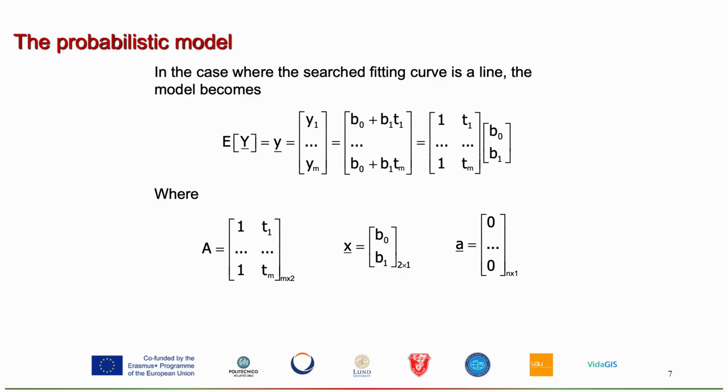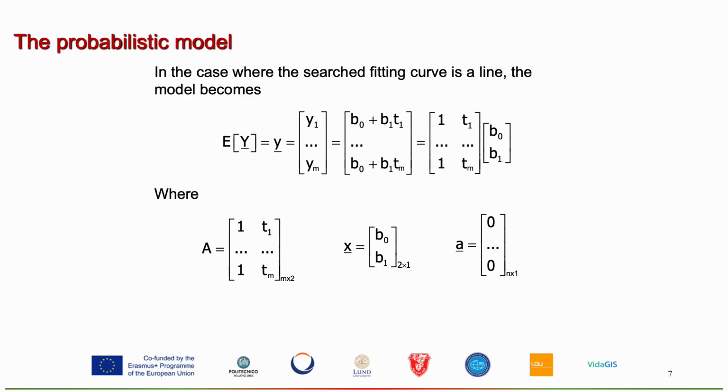So the functional model is: vector y equals a vector of elements, each one of them given by b0 plus b1 t_i, that in a matrix formula can be written as in the right of the first equation. A matrix whose first column is composed of 1, the second column contains the sampled t_i, and that multiplies a vector of two elements, that is the vector of the unknowns, b0 and b1.